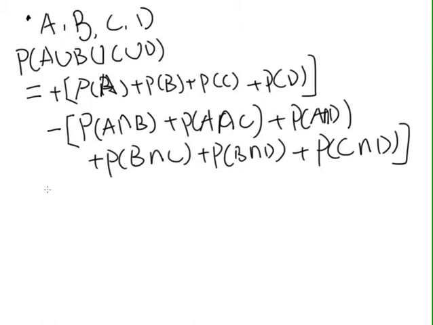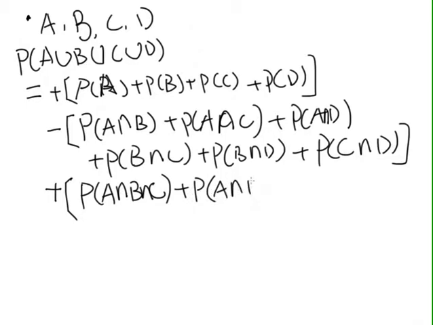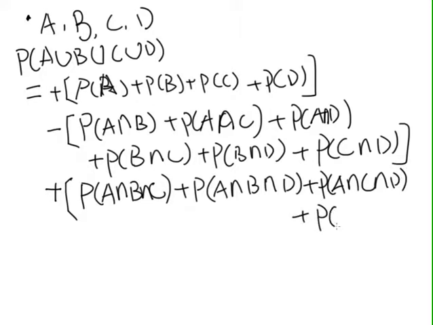And the next row, changing sign from minus to plus, is the probabilities of any 3 events, which is A, B, C, and then A, B, D, and then A, C, D, and finally B, C, D. And the last group here, you're switching sign again to minus, which is the probability of any 4 events.